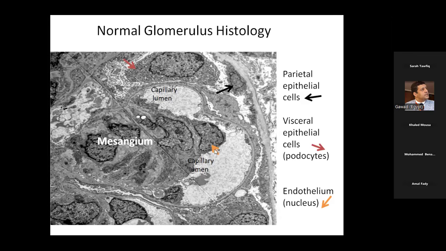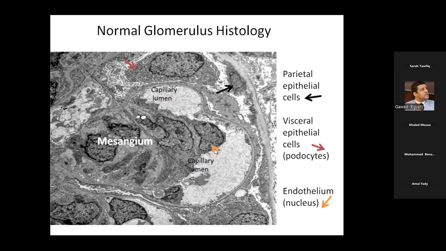But generally speaking, the podocyte is bigger than the endothelium. I don't have round figures to say what its diameter is, but generally speaking, the podocyte nuclei are bigger.